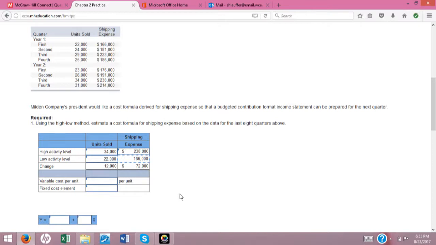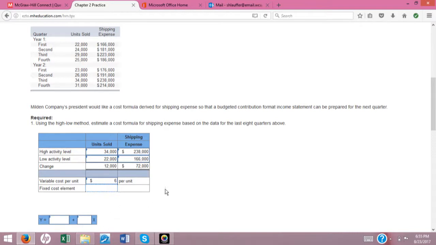So the variable cost per unit is going to be 72,000 divided by 12,000, and that looks like $6. I don't know if that was supposed to have a rounding or not. Let me do that again and make sure. 72,000 divided by 12,000 is $6 per unit.